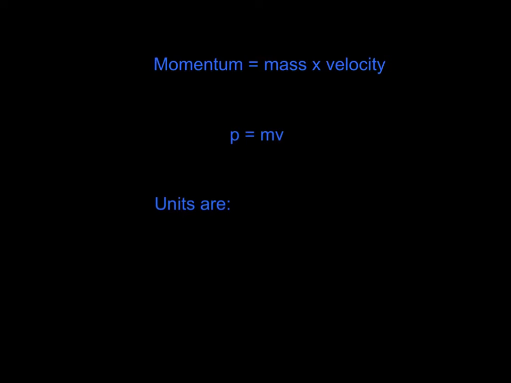Momentum is mass times velocity. Mass, just like before, will be in kilograms, and velocity, just like before, will be in meters per second. When you put those two things together, you get the units for momentum.